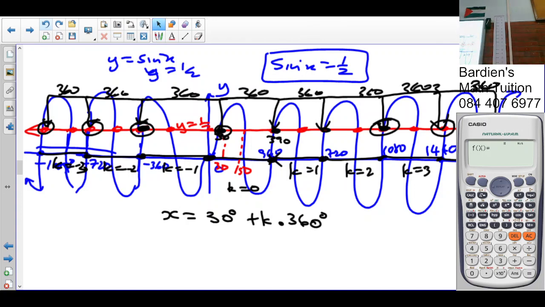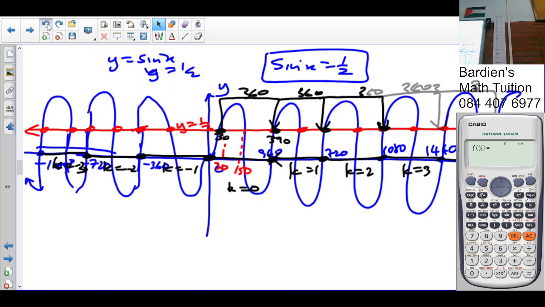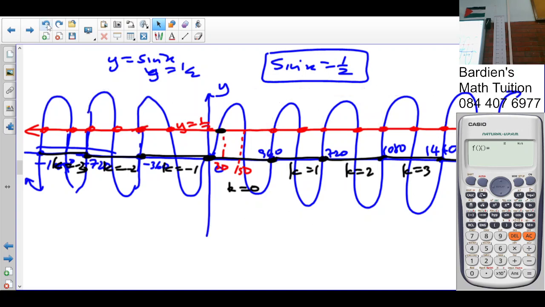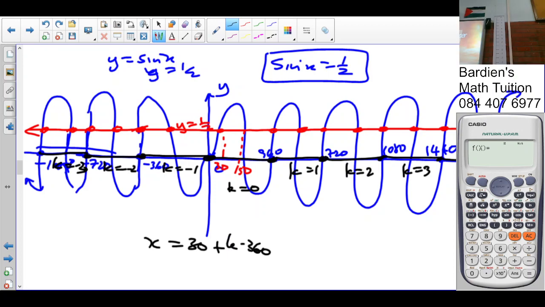So with that in mind, I think I must take this off first. Just remember, x is equal to 30 plus k times 360. If we take the other one into account, let's look at this one here. That is 150, not so?